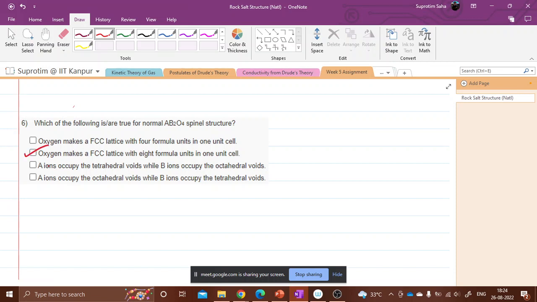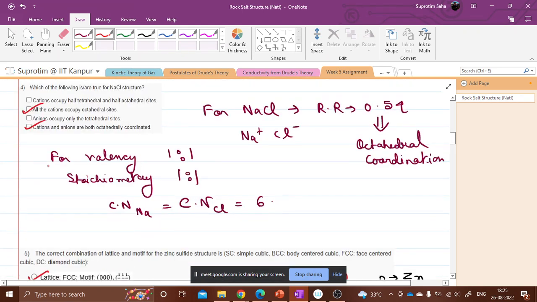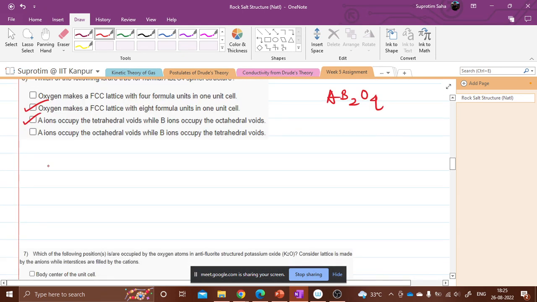And the A ions, I mean AB2O3, this is AB2O4, sorry, AB2O4: A ions occupy the tetrahedral voids, while B ions occupy the octahedral voids. So these 2 options are correct, as you have already learned in the video, which I don't have to add much to, just go to the video and look at it.